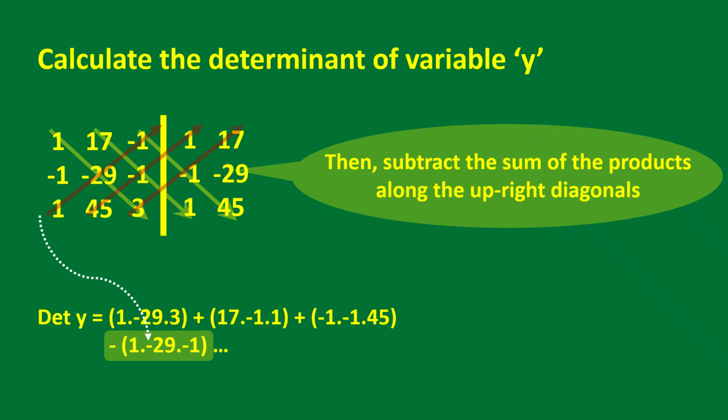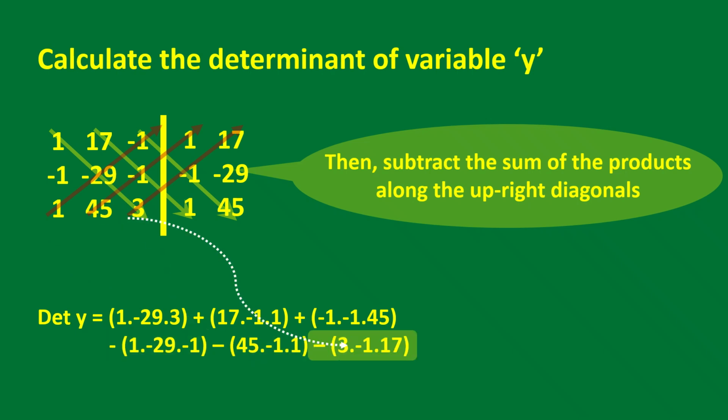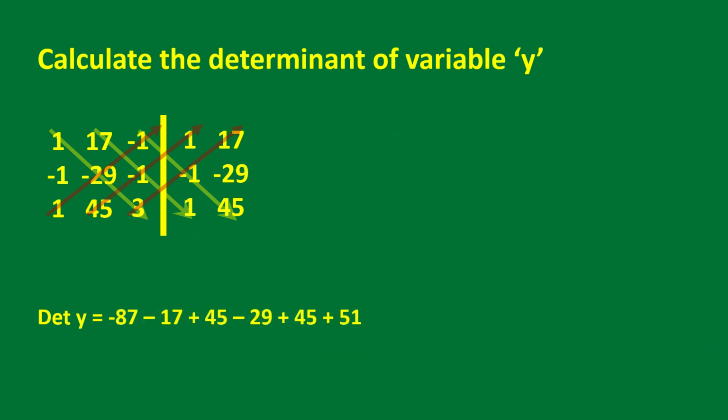And the numbers are listed here below. And because it is a subtraction, don't forget to put a minus sign before the opening bracket. And here are all the sums of the products of the diagonals. There you go. We've got the determinant of variable y, which is 8.